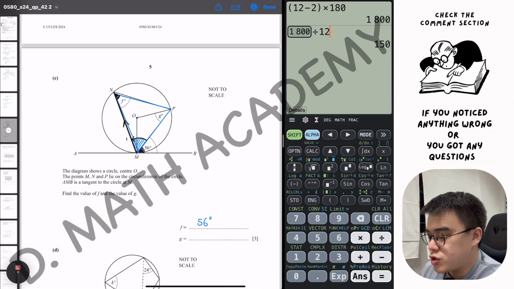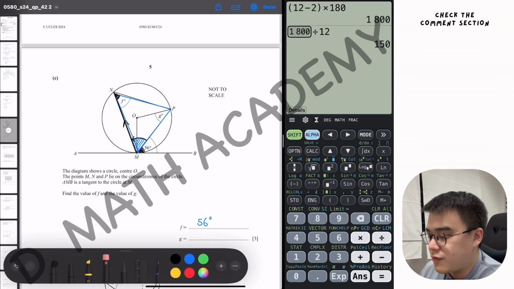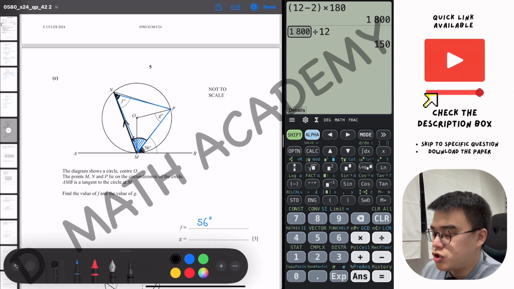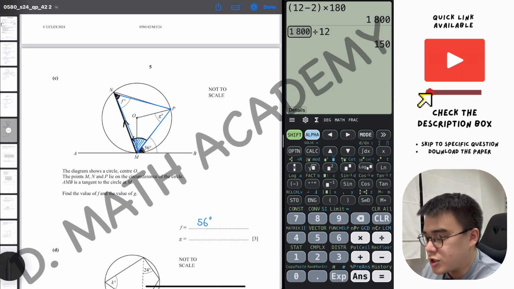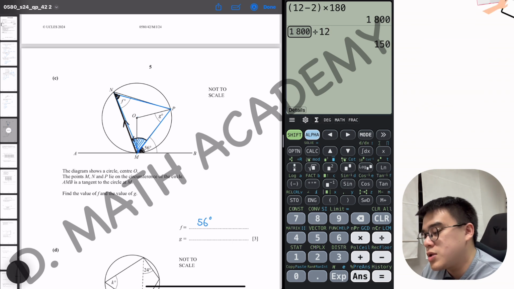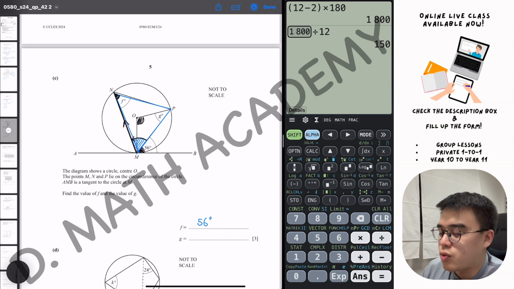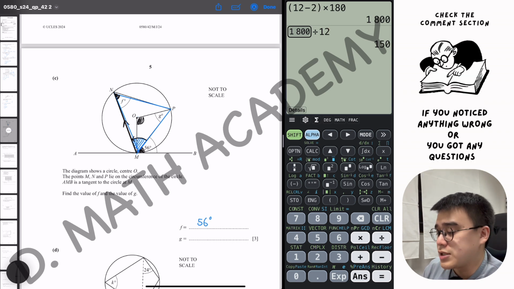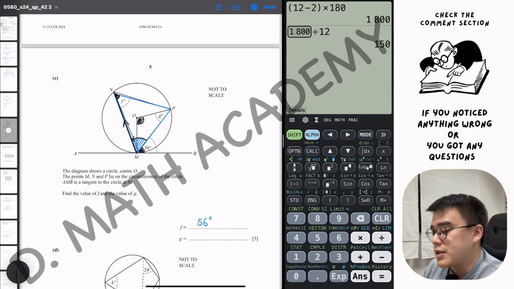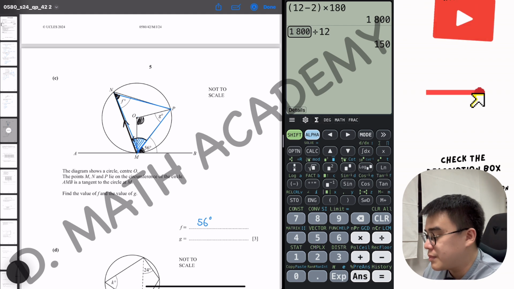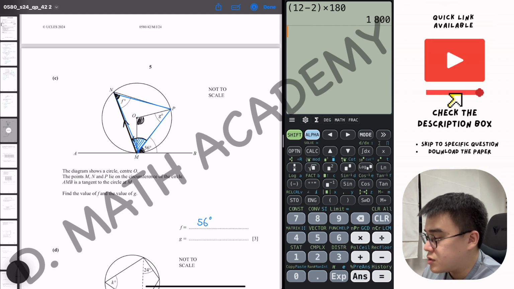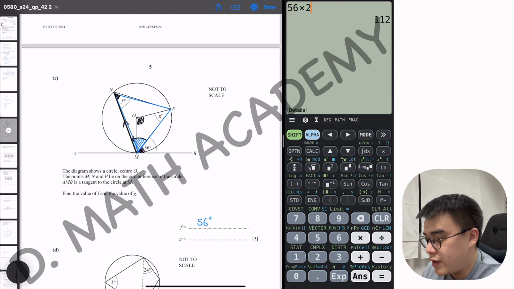Once you sort that out, you only have one task left, which is to figure out the G. So G is a little bit special because they want you to know that the angle at the center is actually twice the value at the circumference, which means the 56 will now be doubled up. 56 times 2 would turn into 112 here.